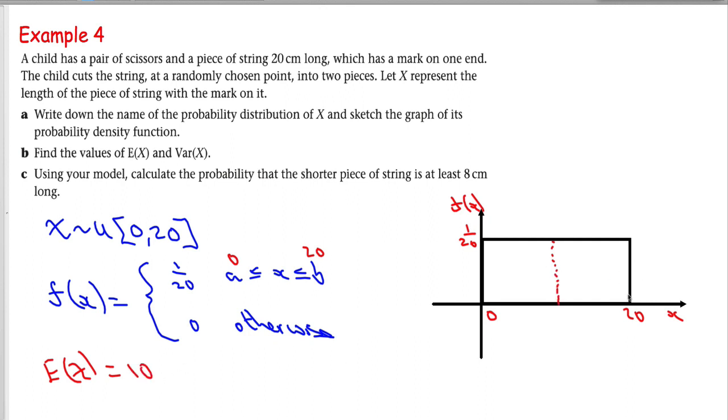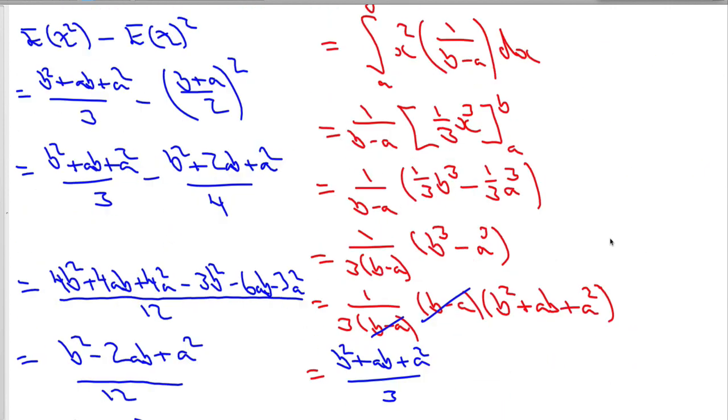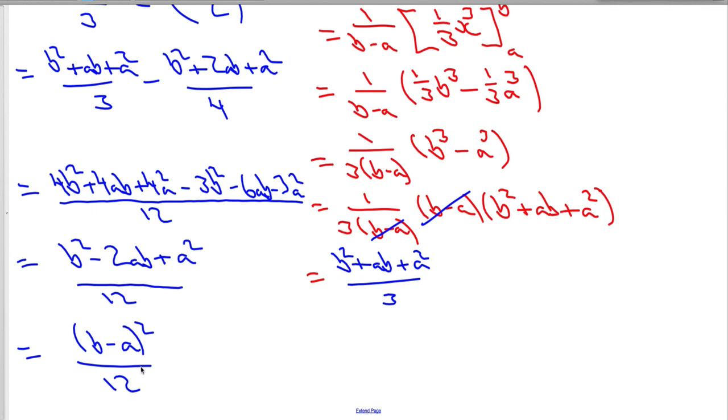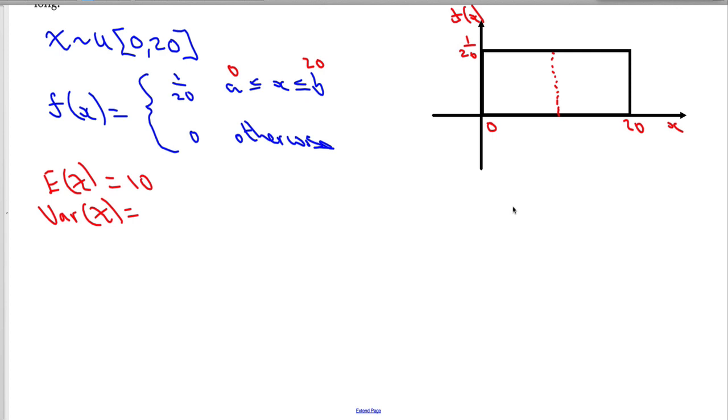And if you didn't remember, it's the formula, isn't it? It's b plus a over 2, and 20 plus 0 divided by 2 is 10. And the variance of x, we derived that earlier on. It's b minus a all squared over 12, which is going to give me 20 minus 0 all squared over 12.